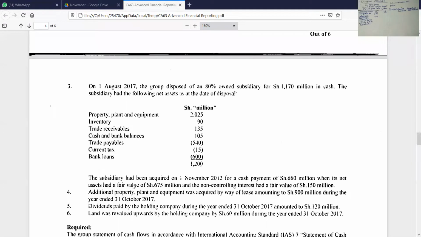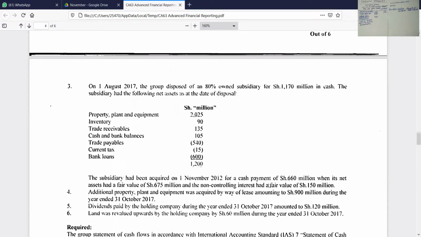If you look at this statement, the subsidiary had been acquired on 1st November 2012 for a cash payment of 660 million, when the net assets had a fair value of 675 million, and the non-controlling interest had a fair value of 150. So this is what qualifies us to go for the full method.